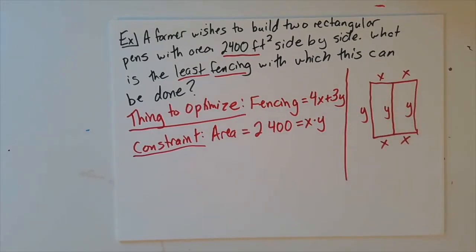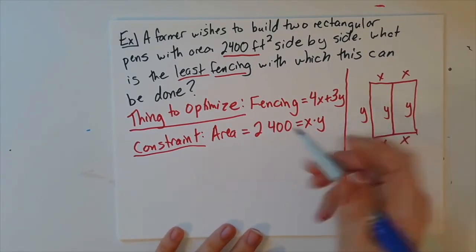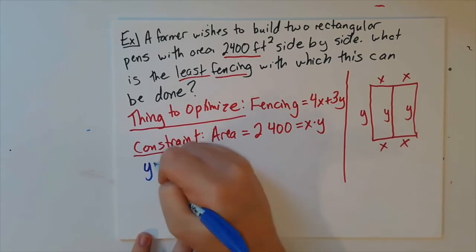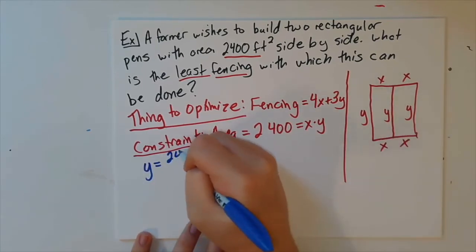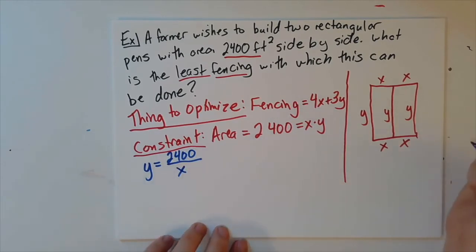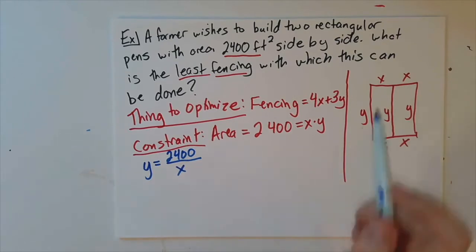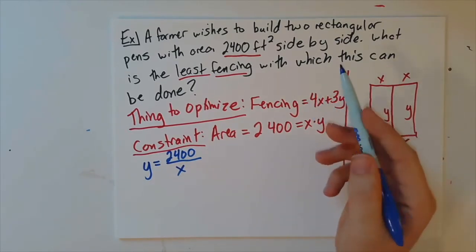Okay. So looking at this constraint, I need to solve the constraint for one of the variables. So when I do that, I'm going to get y is 2400 divided by x. And then I'm going to plug that into my equation for the fencing.